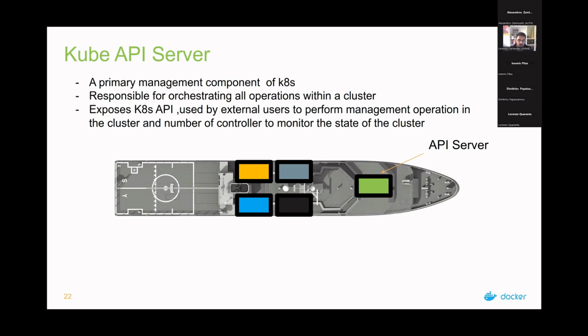It exposes APIs that are used by the users to perform, of course, all the management operations on the cluster: to control the cluster, to monitor, to understand what the status is.